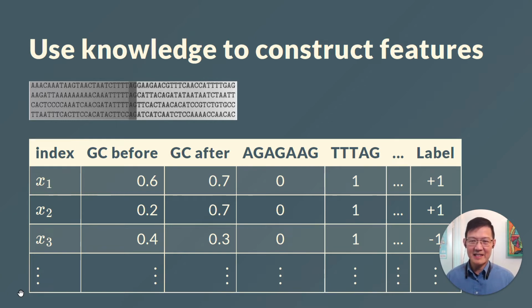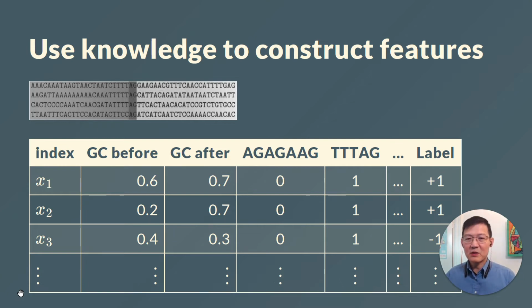You just take any sequence, you put the AG in the middle, you calculate the number of G's and C's versus the number of A's and T's. So there's only 4 possibilities. So in that first row and the second column, you get 0.6, 60% of that sequence is GC, and after the AG, it's 0.7.